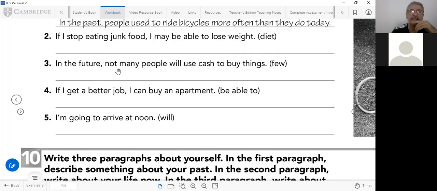So you are replacing not many for few. And you can say fewer, and you add er here. Instead of not many people, you say fewer people will use cash to buy things in the future.